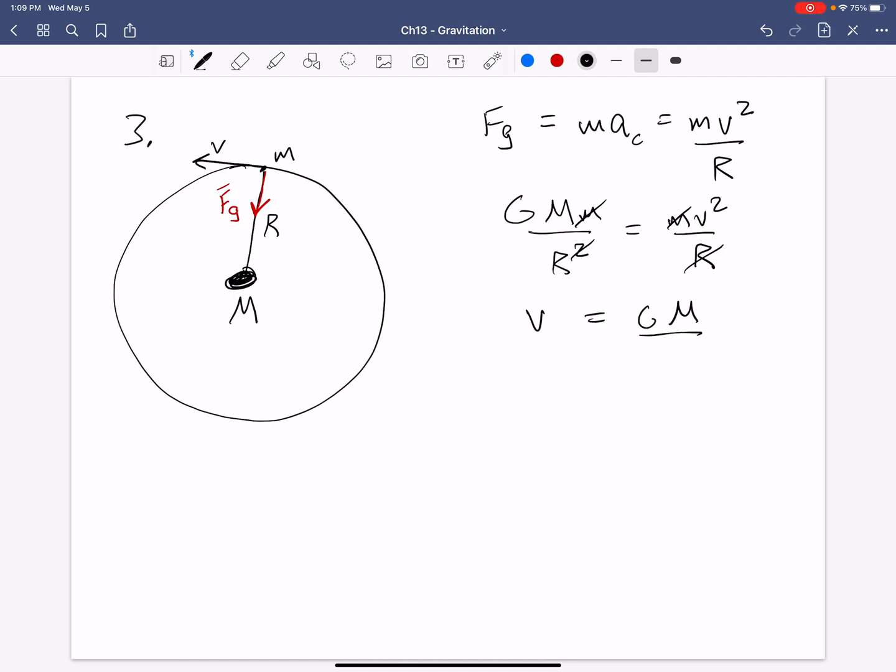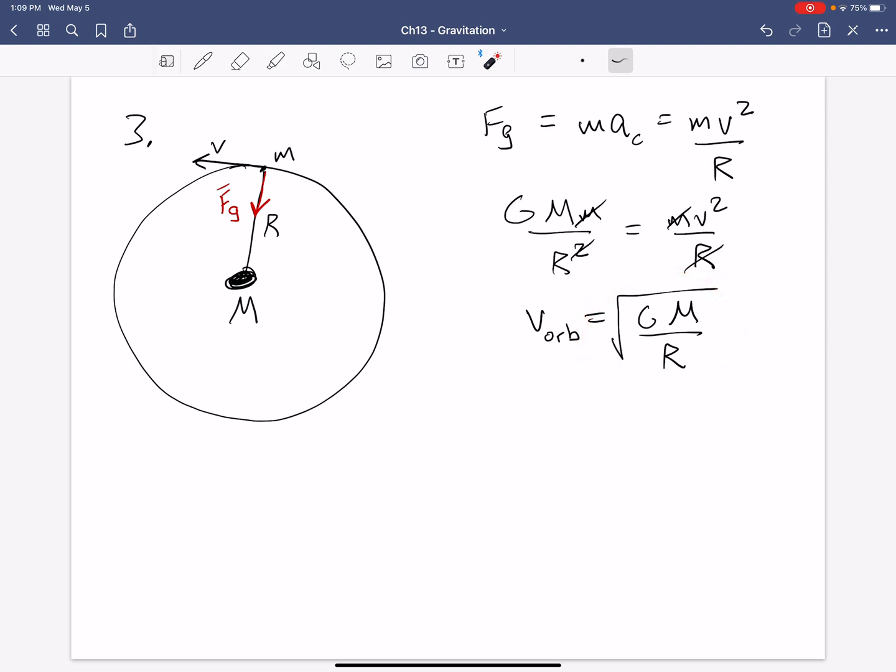The square root of G times the mass of that central object, in this case the sun, divided by r. And this is known as the orbital speed. Because in this case, if it's a circular orbit, this orbital speed remains constant. Because if it's a circle, r won't change, and the mass of the central object probably won't change. And so this v orb stays constant.